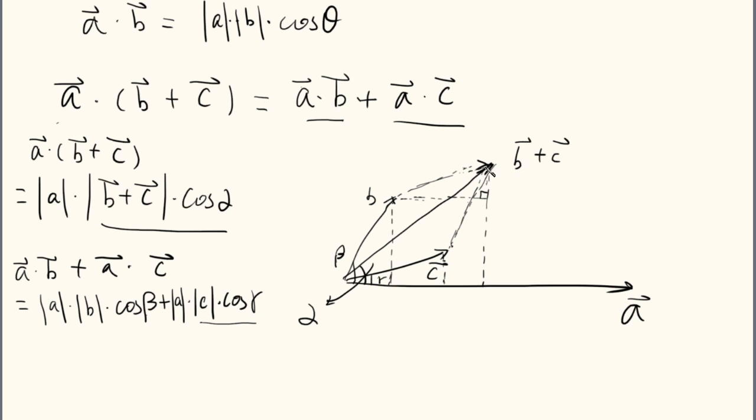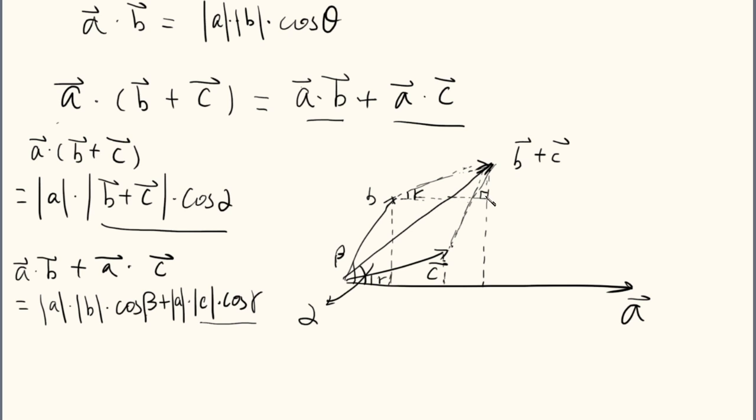So this is vector C. The component of vector C along vector A is this part, and this is the same with this. This is also gamma.